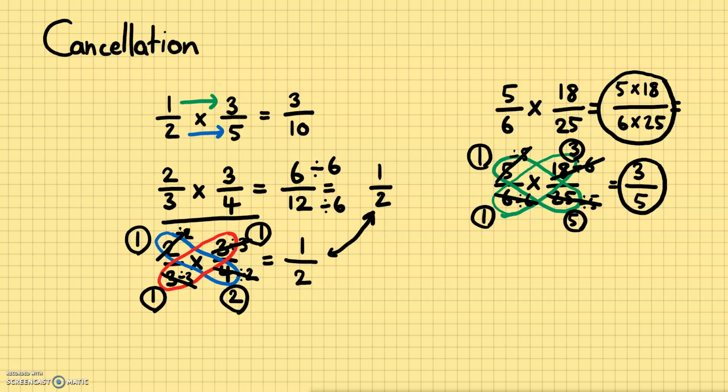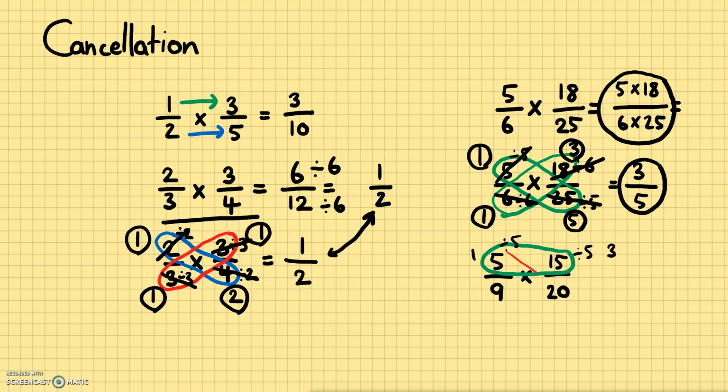Now, one thing to be careful of when canceling, let's say we have 5/9 times 15 over 20. Now it might be tempting to try and cancel 5 here with the 15 here and divide both sides by 5 and get 1 and 3, but we can't cancel the numbers that are on the same side of the fraction.